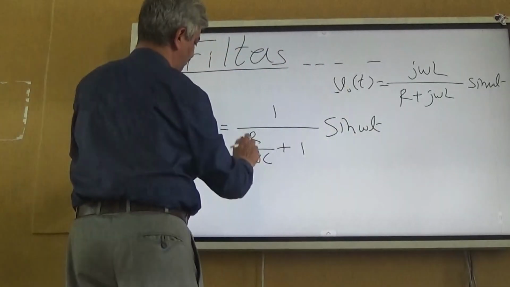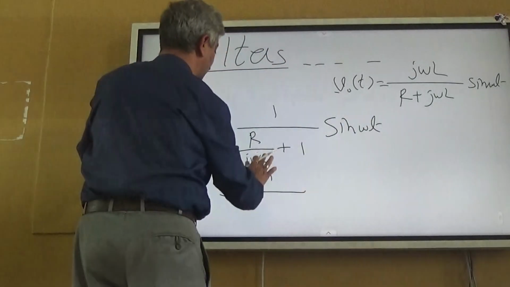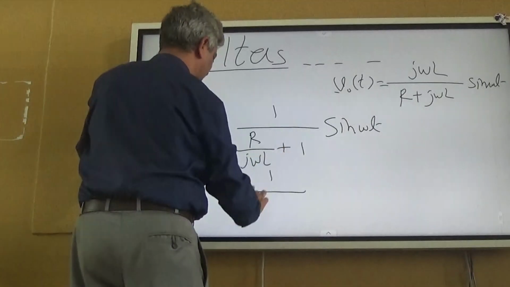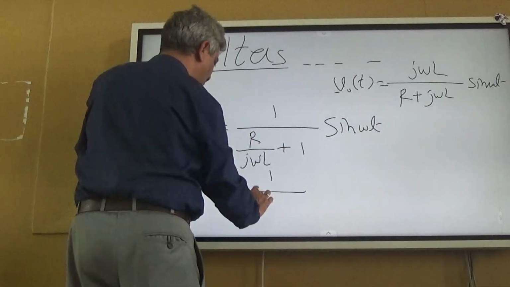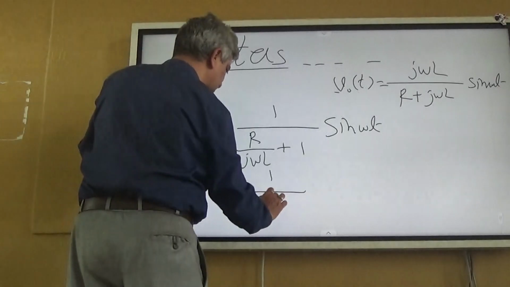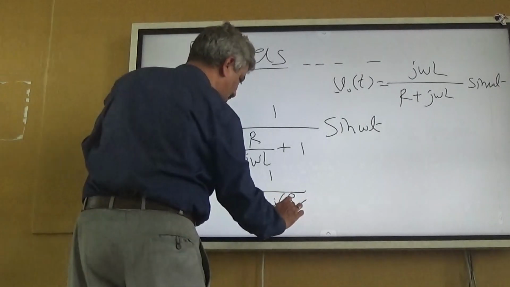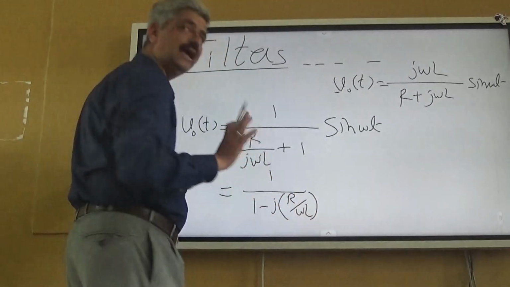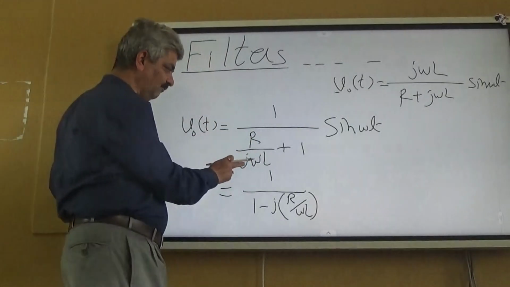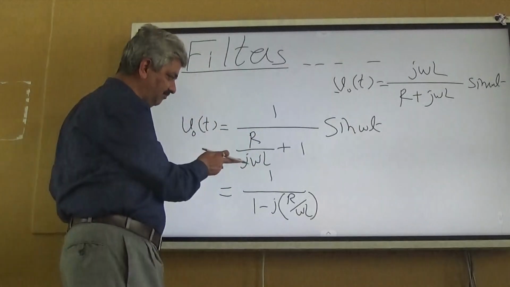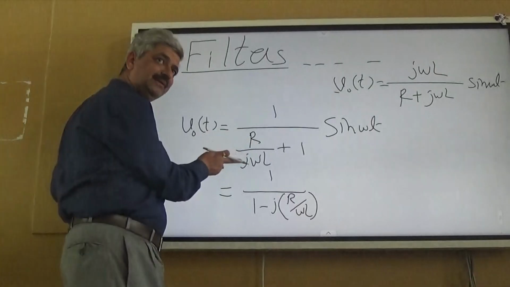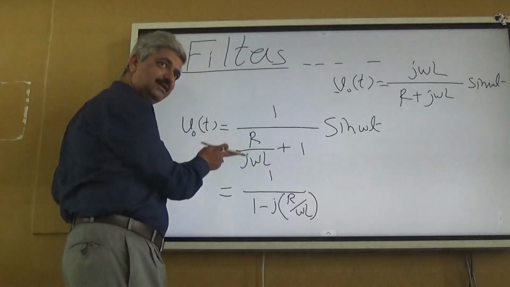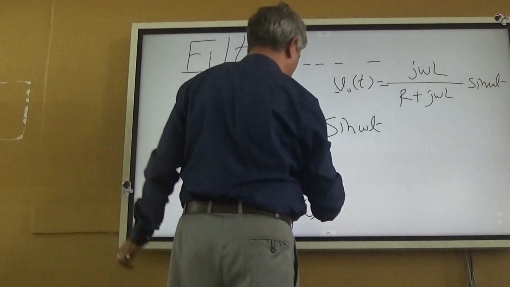That is equal to 1 upon 1 minus j into bracket R upon omega L, agreed? R upon j omega L multiplying j, so that minus 1, I hope, is it right? Into sin omega t.